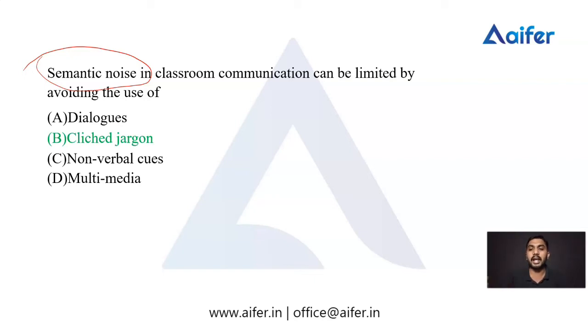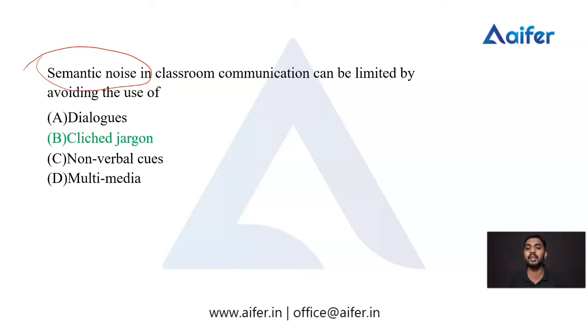It will happen with unclarity in messages, and when the receiver doesn't have much vocabulary or the meaning of the words the sender has said earlier. So unclarity in messages and other things also lead to semantic noise.